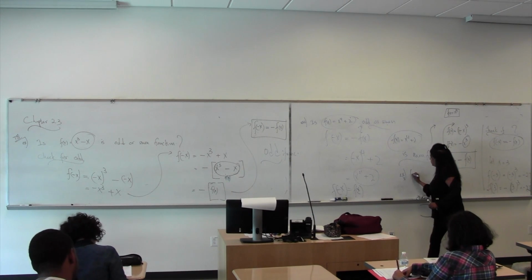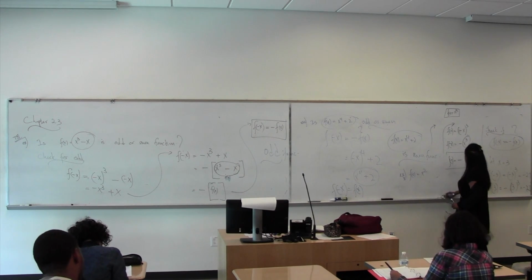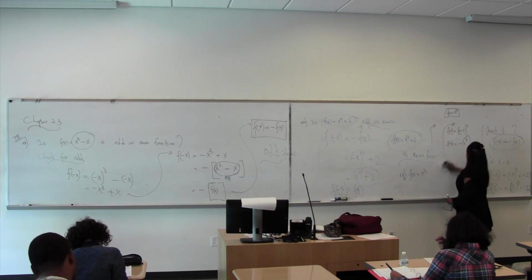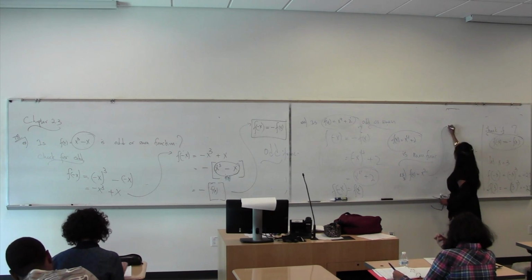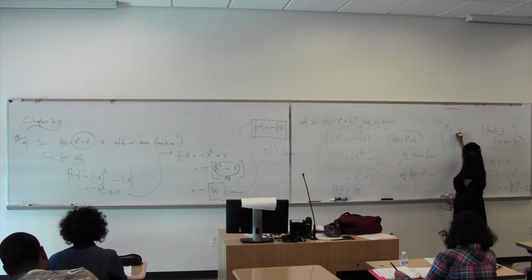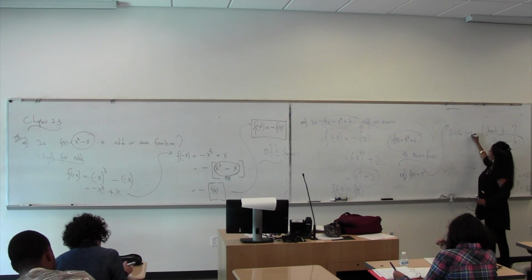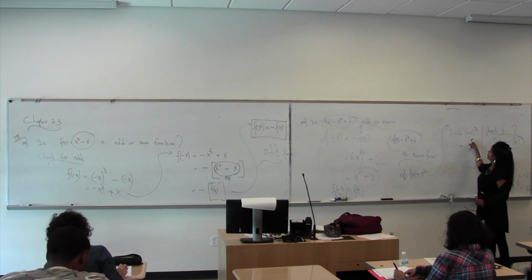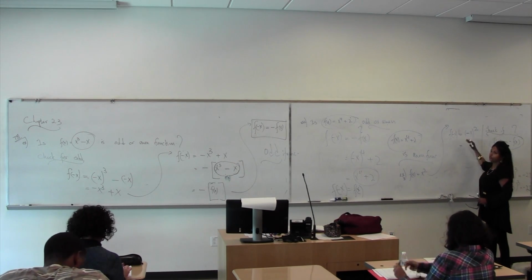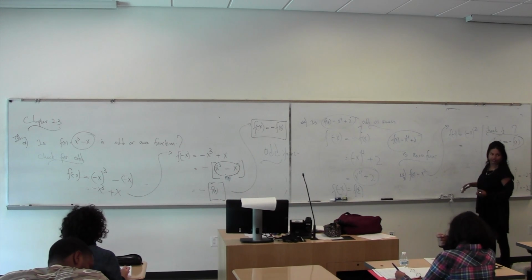Example number 3, f of x is equal to x squared plus 1. What do you need to do here? Same thing. You're showing it algebraically. Always check for f of negative x. Negative x squared, correct? Come up with f of negative x and see whether we can make this negative f of x or f of x.